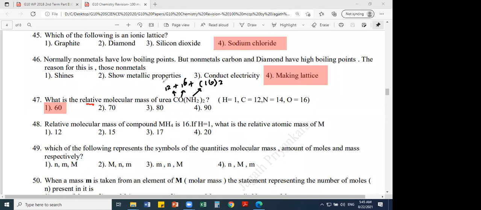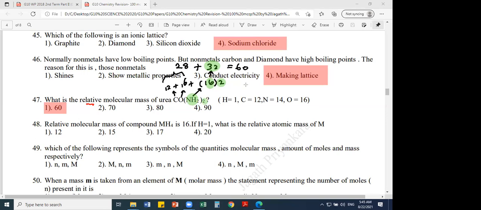So 16 into 2, 32. Then 28 plus 32, so the total will be 60. This is the most important thing: you should get the total inside the bracket first. NH2, the total is 16, so 16 into 2, 32. It is very important.